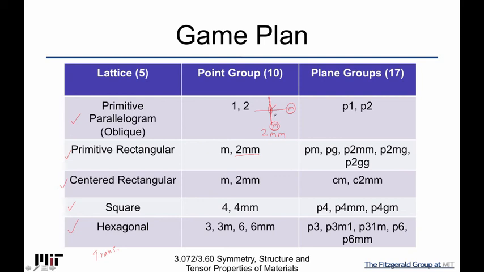And of course, later we're going to take this group and plug it back in, right? And of course, we've already done that with the trivial solution and the twofold axis, and all we get is the primitive lattice back, and we're going to call that P1 and P2, and we'll show you that. But these are the plane groups. We haven't done any of this yet, so we have to develop the rest of the point groups first.